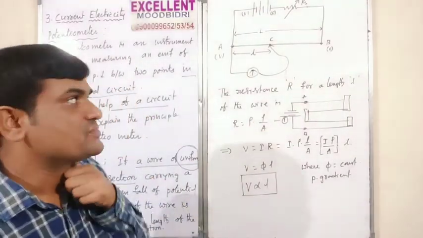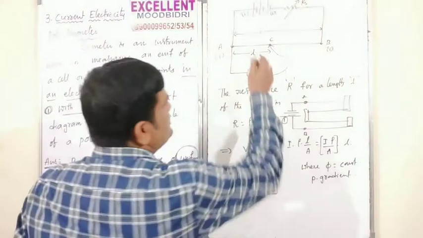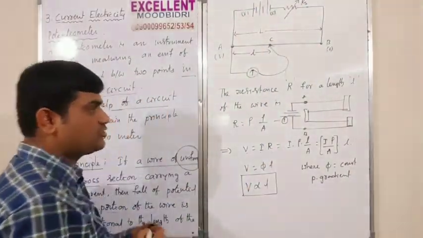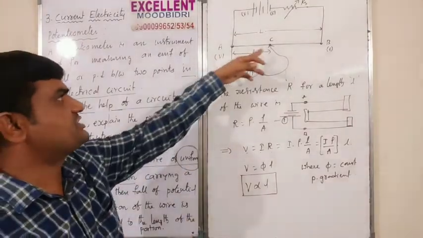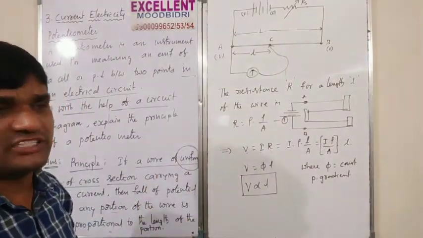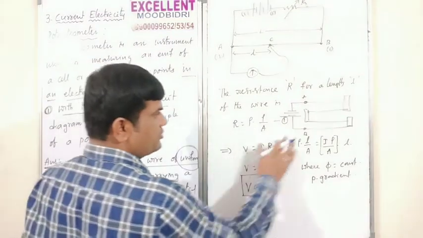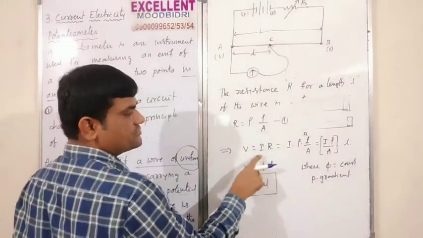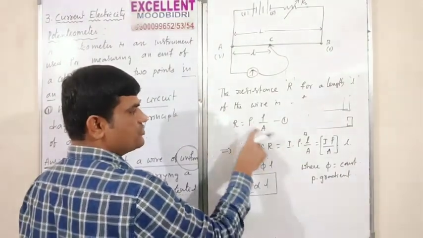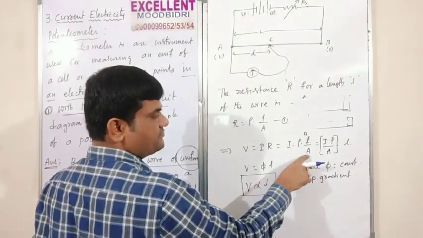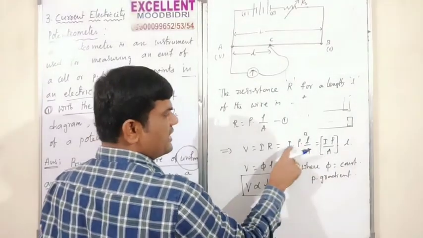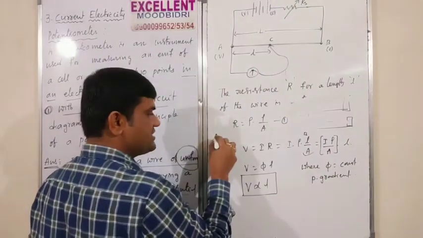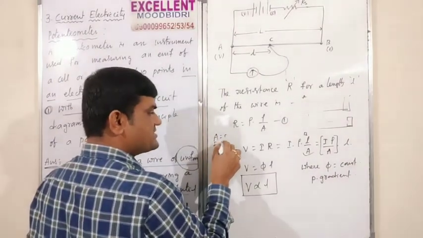Equation number 1. Now current is flowing in this direction. So V is equal to IR. I want the potential difference. Therefore V is equal to I into R, and R is equal to rho into L by A. Now I into rho into A: this wire has a uniform area of cross section, A is constant, and current I is the steady current.